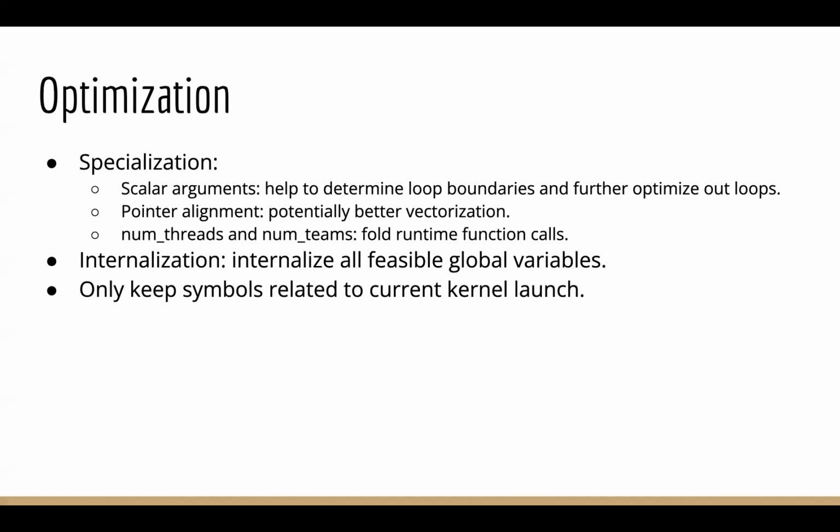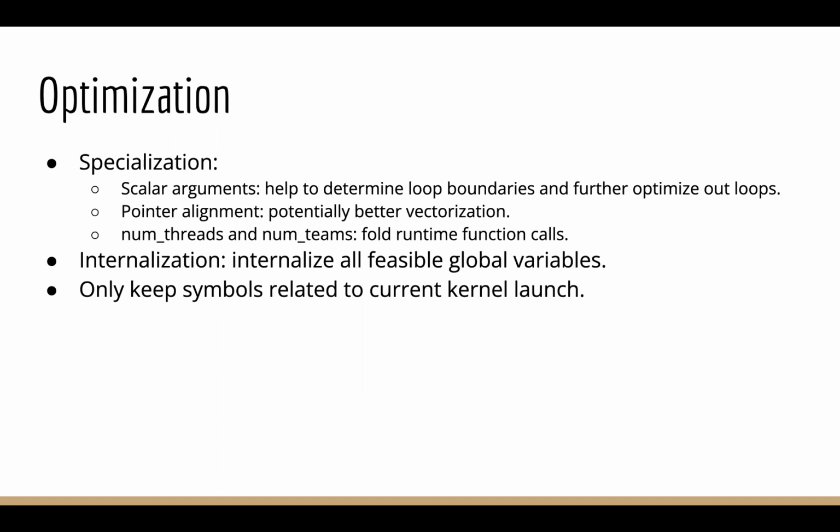It can help us to determine many things like the loop boundaries, such that we can further optimize out some loops. And for pointer arguments, there is no point to specialize them because at different runs, the pointer can be different, right?